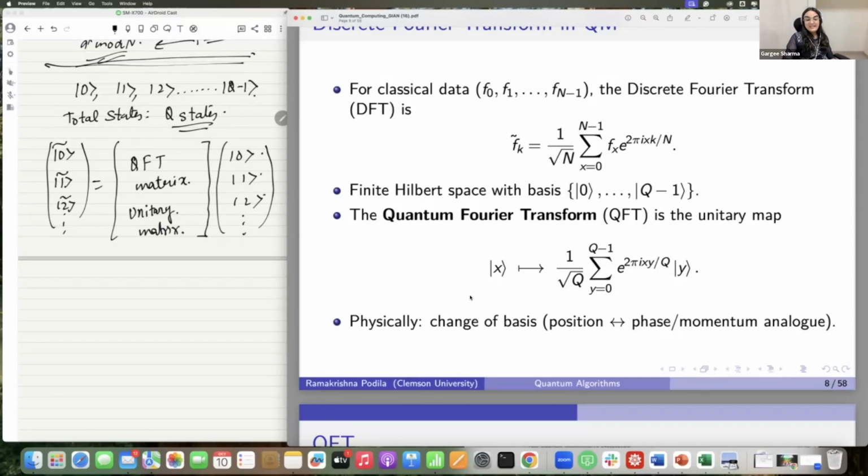For those of you from a physics background, you can think of it as changing position space to momentum space, right? That's what you do. It's basically just changing one basis to another. So this is some basis, and this is another basis. Any questions on this?